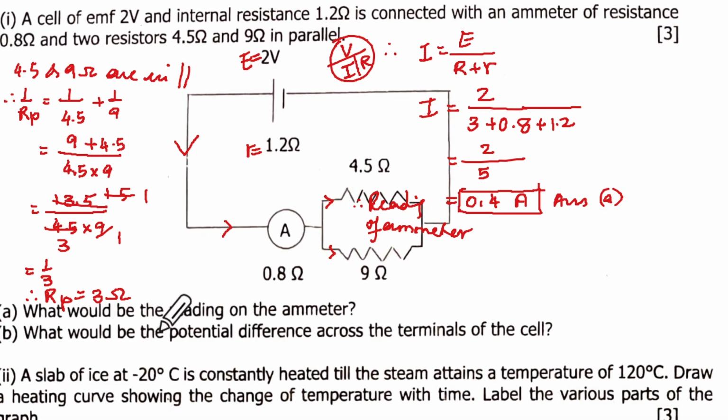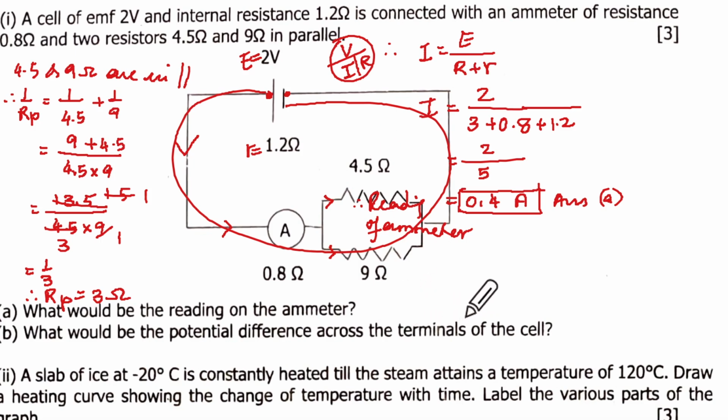Now what are they saying? What would be the potential difference across the terminals of the cell? So across the terminals of the cell means the PD across this. Means it will be terminal voltage, correct?